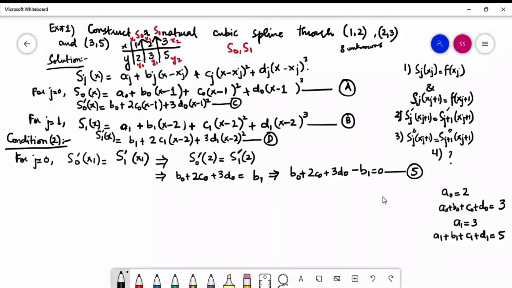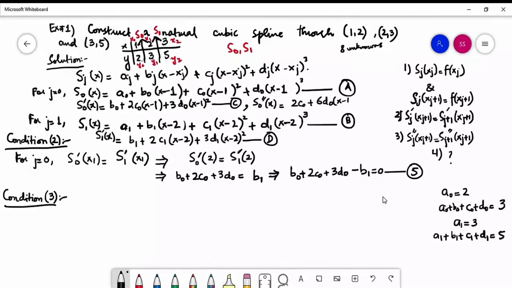Okay, now for condition 3, I need the second derivative. For this, if I take one more derivative, I get the second derivative, that means S naught double dash of x. Further derivative of this: B naught has derivative 0, so 2c naught plus 6d naught (x minus 1).